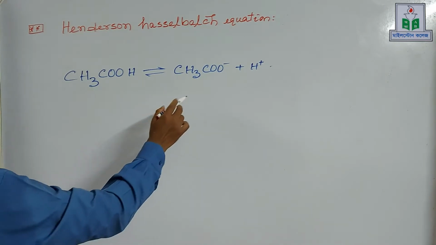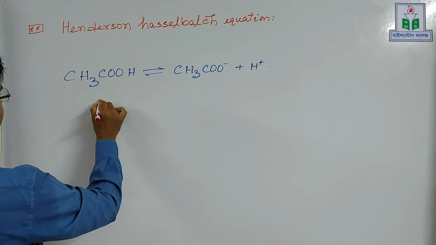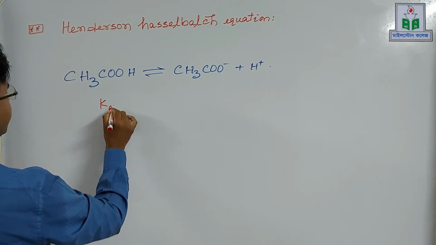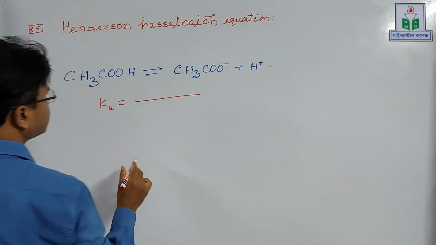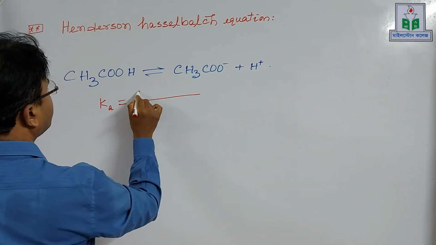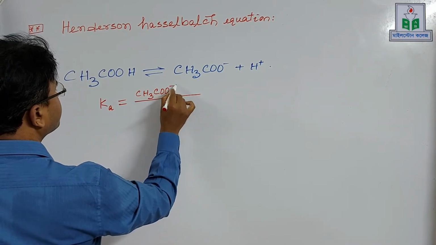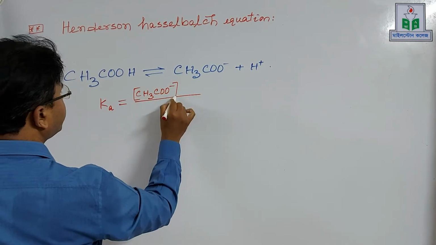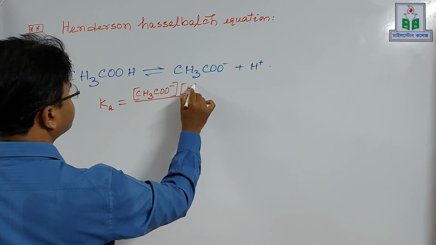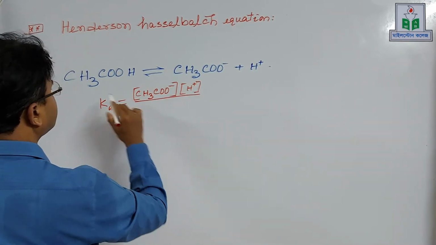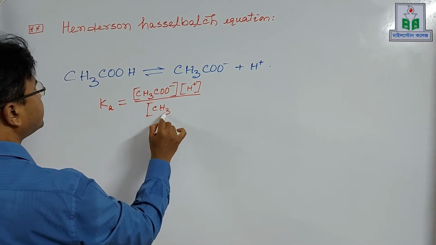So according to the law of mass action, I can write here Ka is equal to the multiplication of molar concentration of products. Here, molar concentration of ethanoate ion into molar concentration of H plus ion divided by molar concentration of ethanoic acid.